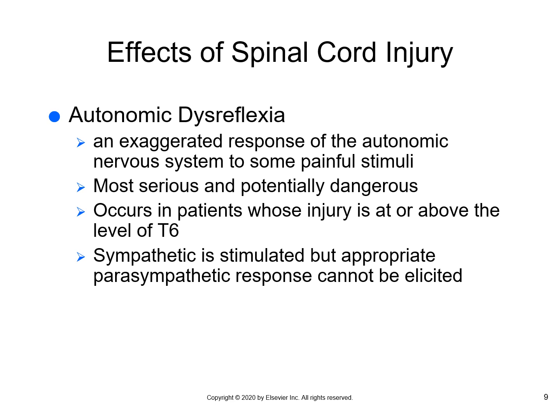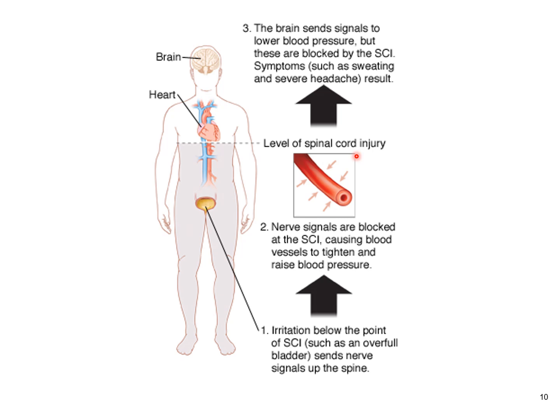What's happening is that the sympathetic is stimulated, but an appropriate parasympathetic response cannot be elicited. So here's what we mean by that. This is the level of the spinal cord injury.